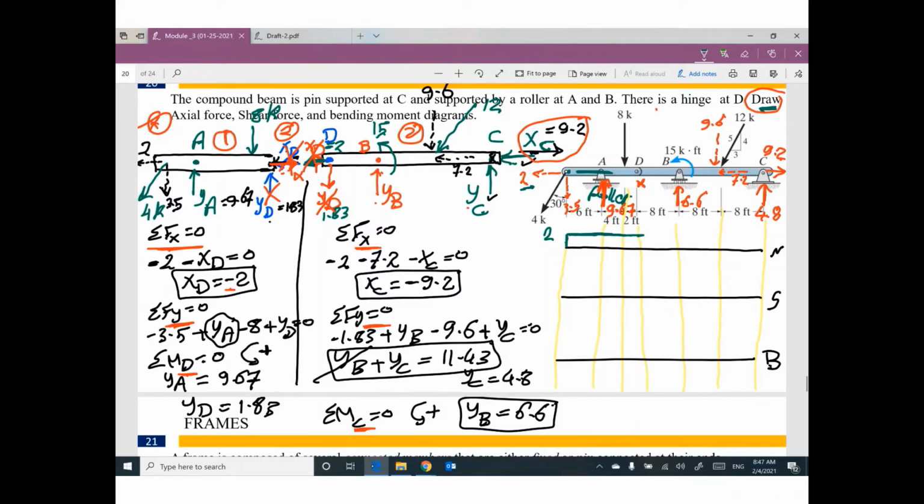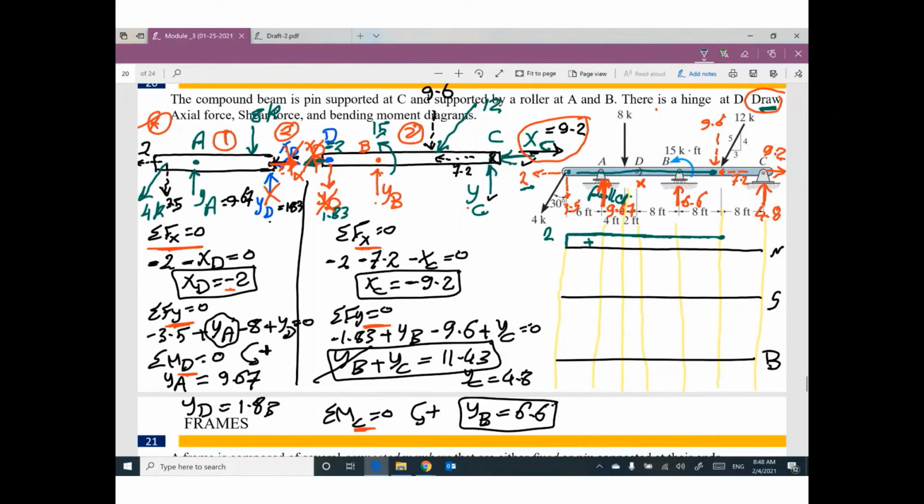Nothing new, until this point. We have another force here parallel to the beam. Starting from this point until you reach to this point, do you have any horizontal force parallel? No. So this 2, which is positive, remains constant.